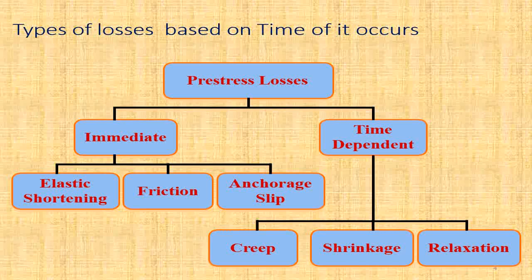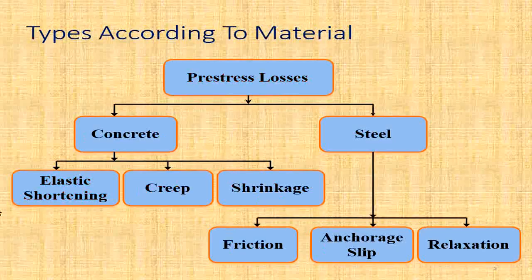Then, types of losses based on the time they occur. First immediate and second time dependent. In immediate: elastic shortening, friction, anchorage slip. In time dependent losses: creep, shrinkage, relaxation. It is also classified based on the material, since pre-stressed concrete structures or members consist of concrete and steel basically.